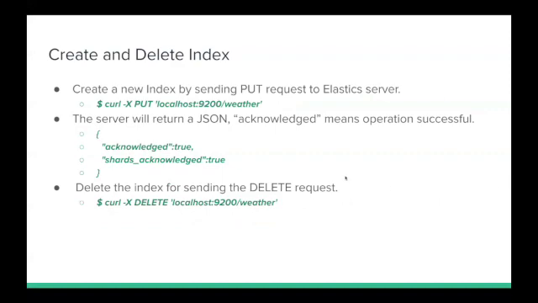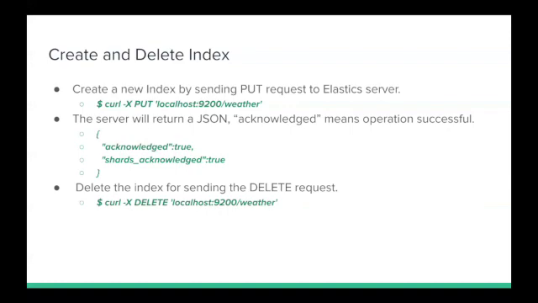And the next part will be creating and deleting an index. When we are creating a new index, we could send a PUT request to the server. The following example code here is to create an index named weather. The server will return a JSON object. The acknowledged field shown here means the operation we requested was successful.